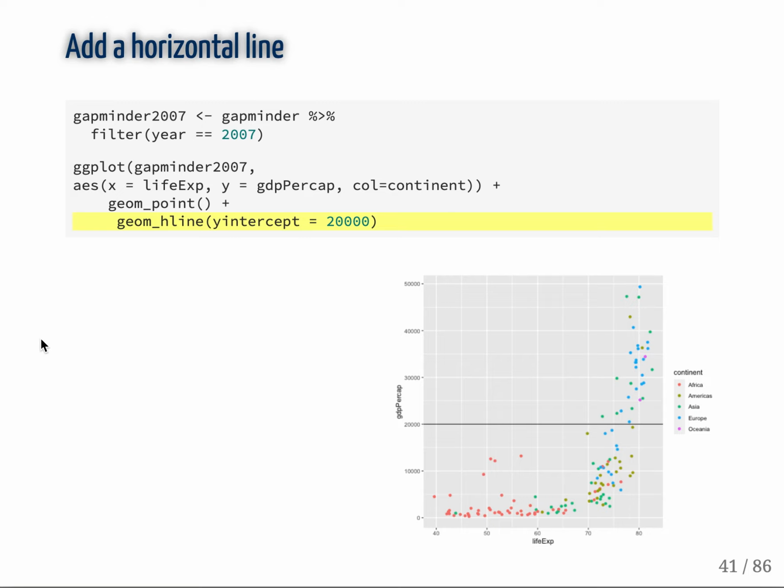To draw a horizontal line on the current plot, you can use geom_hline. It draws a horizontal line on the current plot at the specified y coordinate. To add a diagonal line, you can use geom_abline. geom_abline adds a line with specified slope and intercept to the plot.